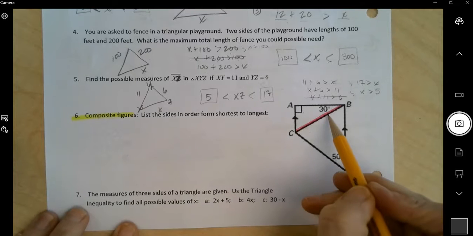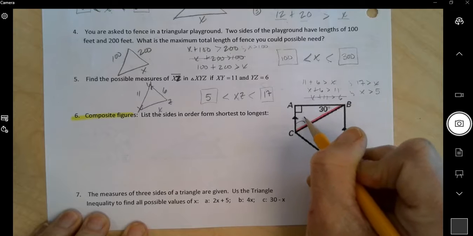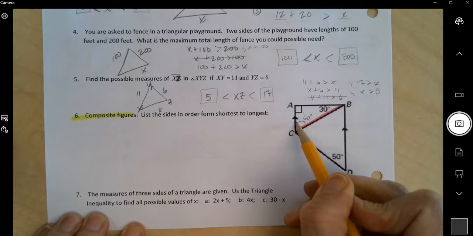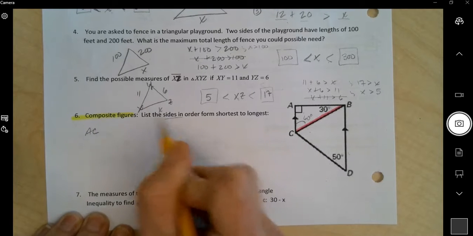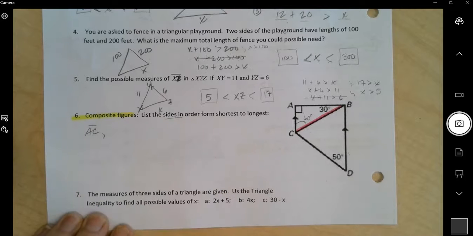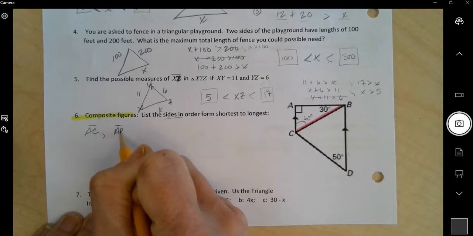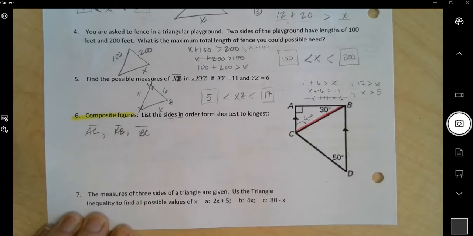If this is 90 and this is 30, what's this angle measure here? 60. So the side opposite my 30-degree angle is going to be my shortest. It says list the sides, so we'll follow the rules. Then comes my side opposite my 60-degree angle, and then my side opposite my right angle.